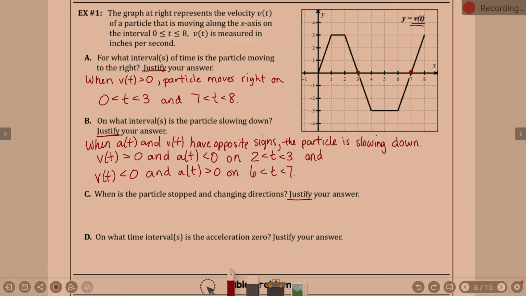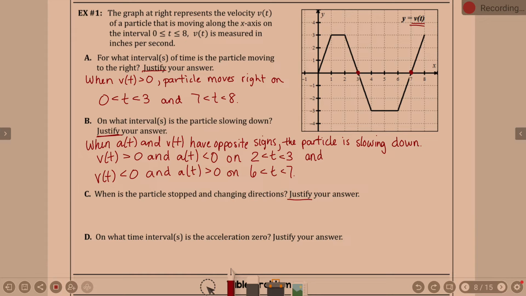Okay, so when velocity is 0, that's when the particle is stopped. When are we changing directions? When velocity also changes sign, right? Because if it just touches the x-axis, are we really changing directions? No, you would still be going the same direction.